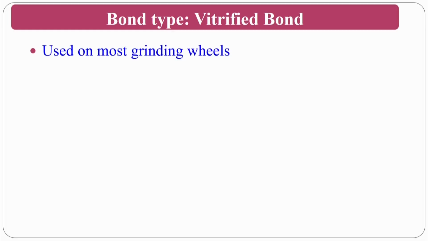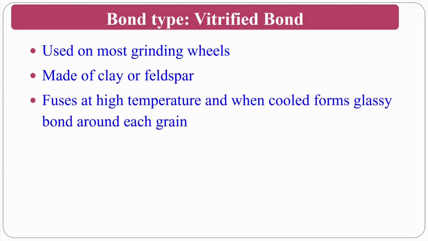Okay, bond type, vitrified bond. Vitrified bond is nothing but clay. Normally, as bricks are manufactured, it is clay or feldspar that fuses at a high temperature. When it cools, it forms a glassy bonding between each of the grains. So normally the brick is formed.